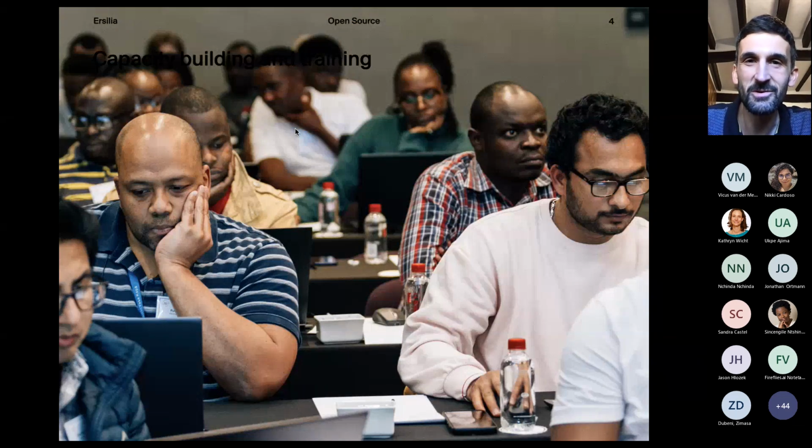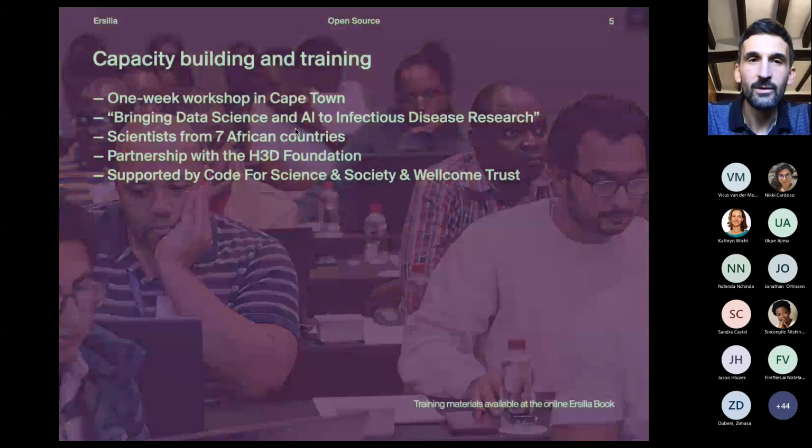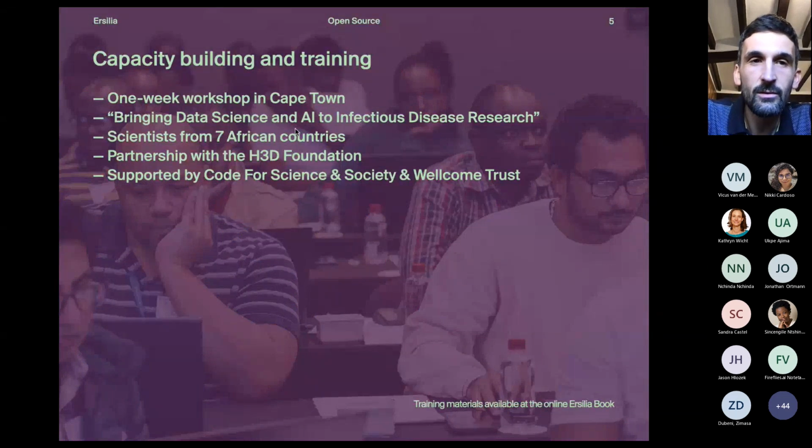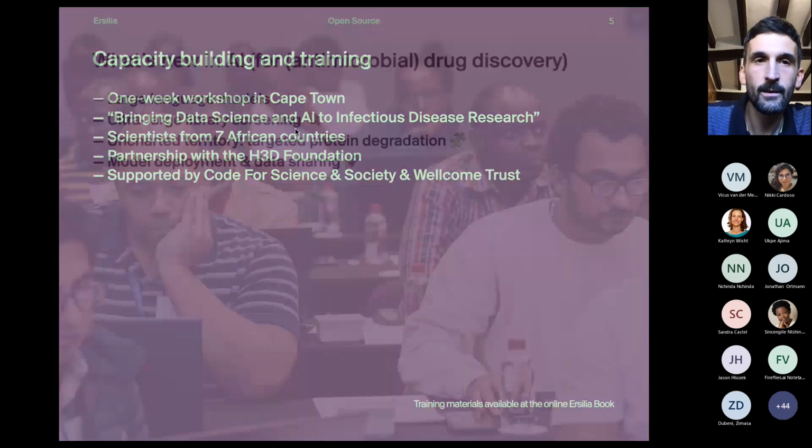This is just a nice picture of a workshop that we did last September, I believe, together with the H3D Foundation. That was a 1-week workshop titled Bringing Data Science and AI to Infectious Disease Research. It brought together scientists from 7 African countries and was overall a big success. So hopefully we will continue with this kind of activities and engagement together with the H3D Foundation.